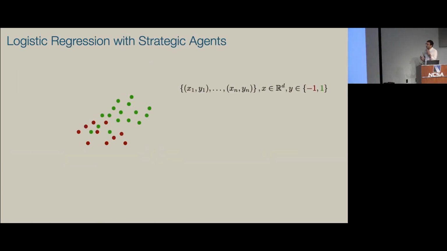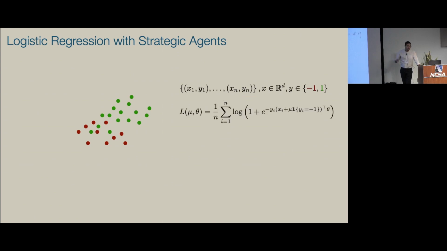But more interestingly, in these more machine learning contexts, we can actually say something general too. Imagine that you have a logistic regression problem where you have a set of data points, these red data points and these green data points. The reds are the ones who are going to be negatively classified. They might be the ones who don't get loans, who will default on their loans. The greens are the ones who won't default.